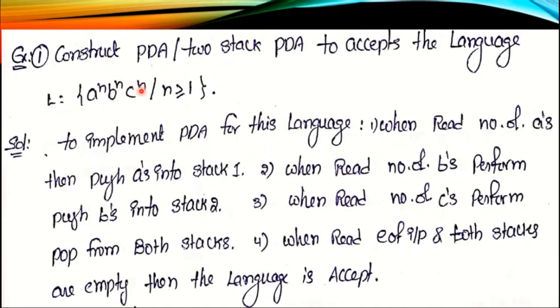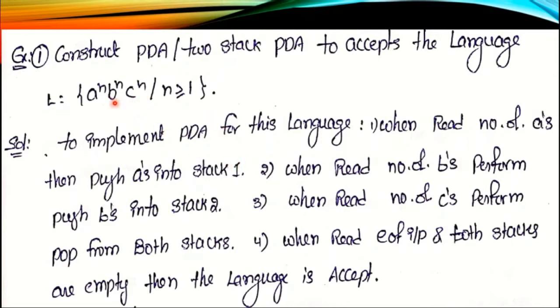When we read C's, then we perform the pop operation from both stacks, stack 1 and stack 2. And finally when we read the end of the input, and both stacks are empty, then we can say that the string is accepted by the two stack pushdown automata.